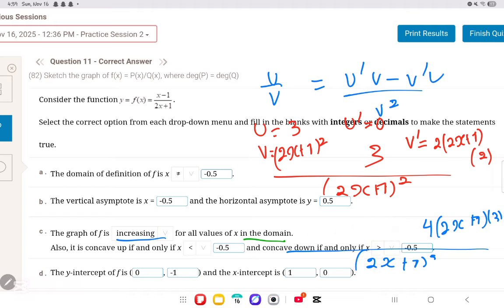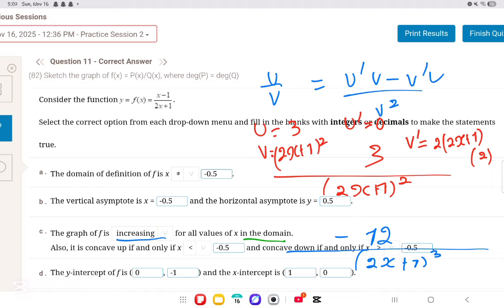So now I'm left with minus 4 times 2x plus 1 times 3, so minus 12 times 2x plus 1. We need to square the denominator now, so 2x plus 1 squared squared gives the power of 4. Now I can cancel, and it will be minus 12 over 2x plus 1 to the power of 3. So this is what my final answer looks like for the double derivative.